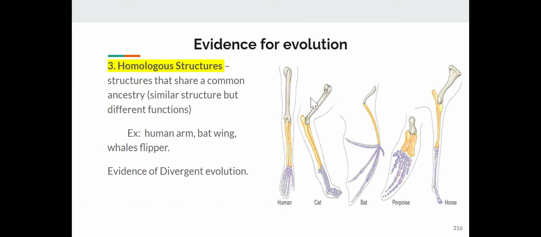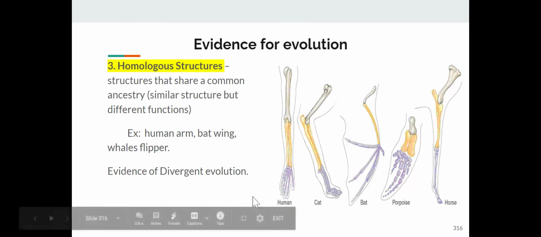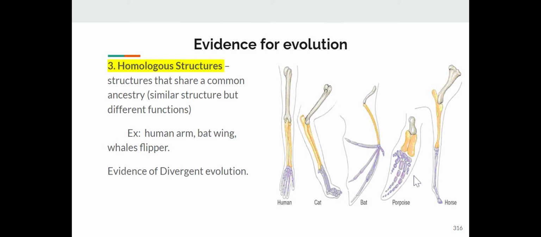You can see that they all have this structure here that I'm pointing to. You see that they all have the radius and ulna that follows next, and then they all have the phalanges next. So they're very similar, even though they do very different things. And this provides evidence of divergent evolution.